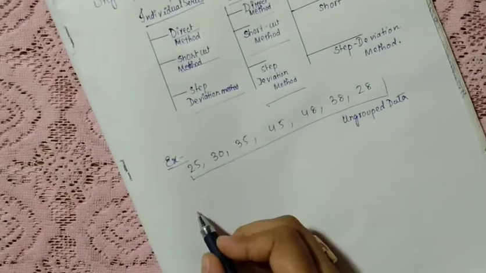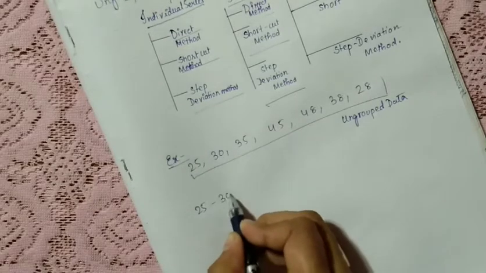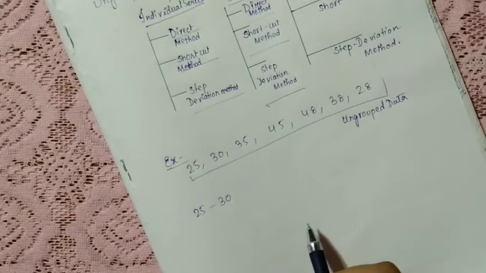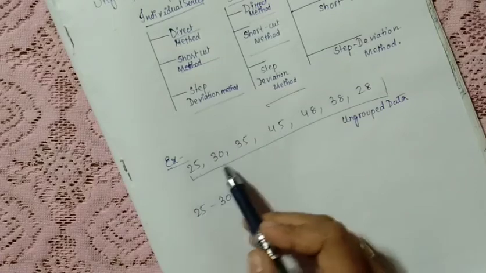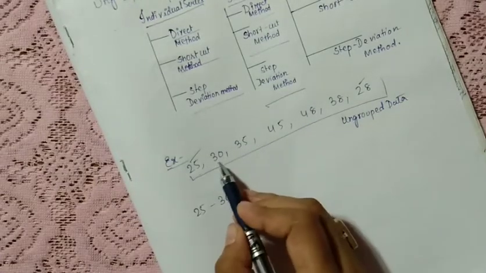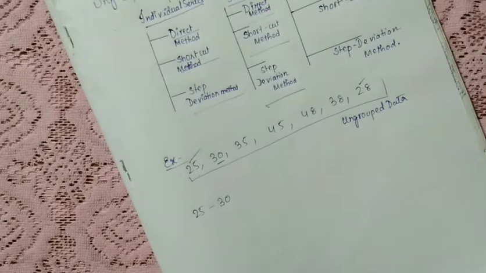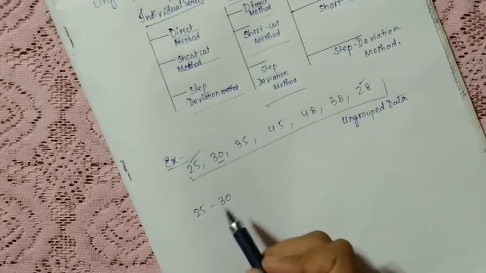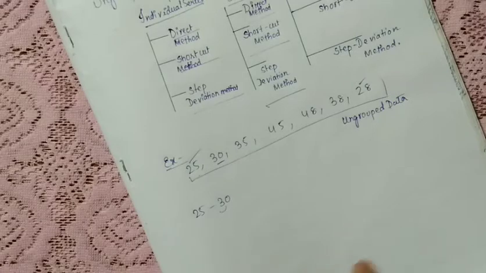Now what is grouped data? If I say 25 to 30, how many students scored 25 to 30? One student, two students. We will not include 30 because this is an exclusive series. We include only less than 30, not equal to 30.